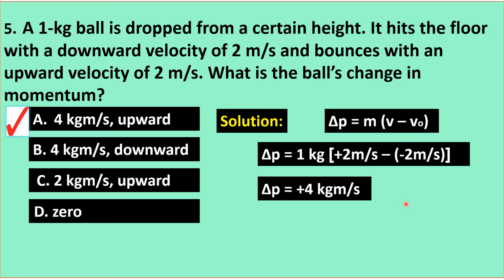Delta P, therefore, the change in momentum would be positive 4 kilogram meter per second. So that's the solution to this particular question, and letter A is the correct answer.